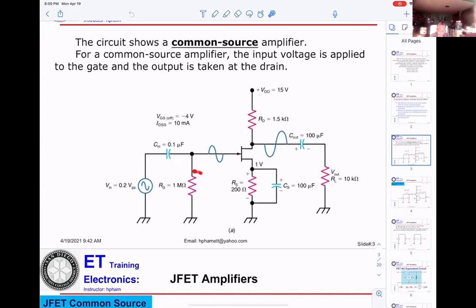If we don't have this resistor here and you connect the voltage VGS to the ground, it will kill this sideway here, since it goes to the ground. So that's why we must have the resistor here, so you are able to let the sideway go to the gate. And what is the name for this capacitor here? Coupling also. Right, AC coupling, DC blocking.